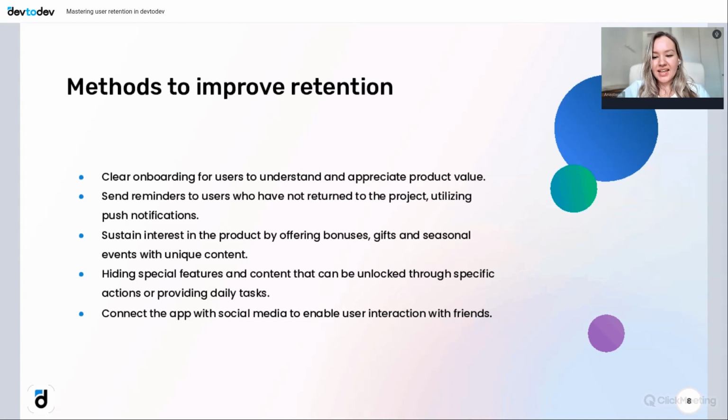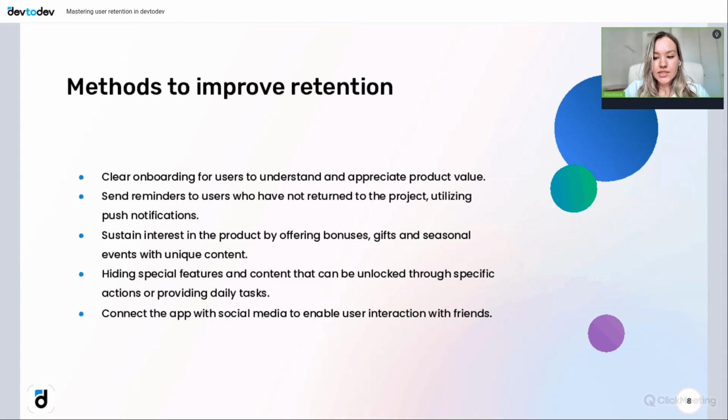And another method is to maintain interest through bonuses, gifts, and seasonal events with unique content. So the users will want to participate and receive unique prizes. And the next thing is utilizing other methods for user engagement, such as hiding special features and content that can be unlocked through specific actions or by completing daily tasks.